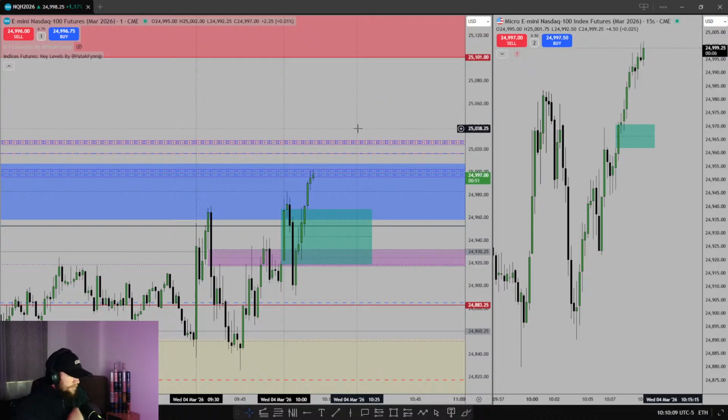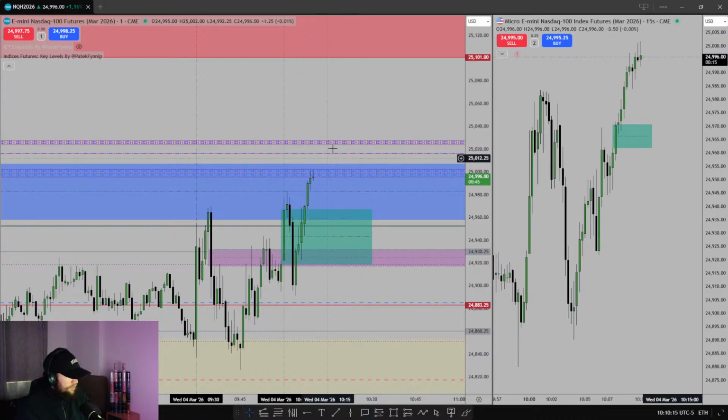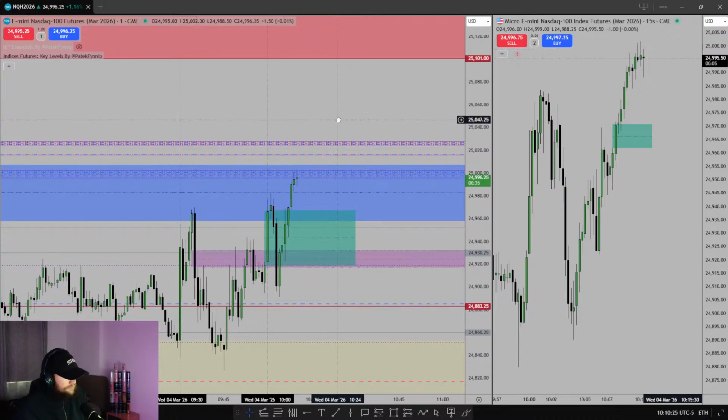Let's see if it can give us something on the 1 minute. Otherwise, I'm going to wait for the 15 and 5 seconds once we trade above these new day opening gaps, especially this one. Yeah, you have to be patient here.